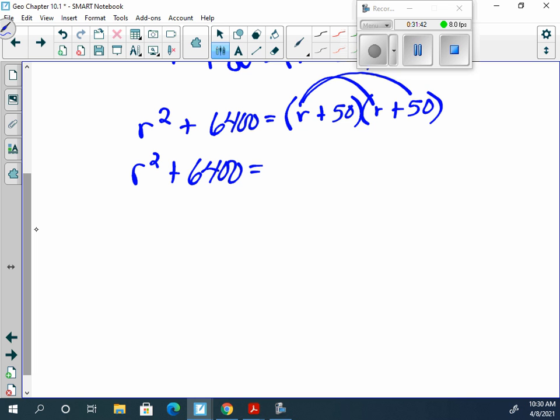R times r would be r squared, r times 50 is plus 50r. Then we would need to do 50 times r and 50 times 50. Well, 50 times r would be 50r, and 50 times 50 is going to be 2,500.